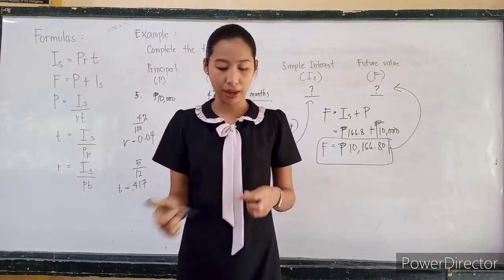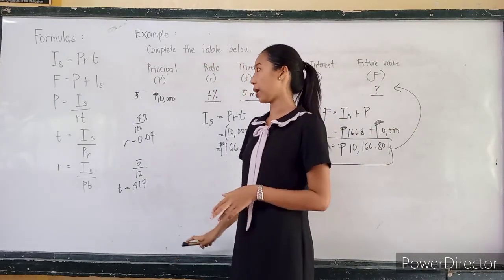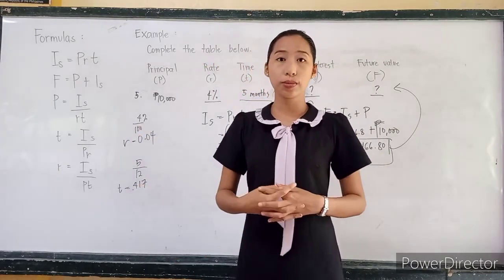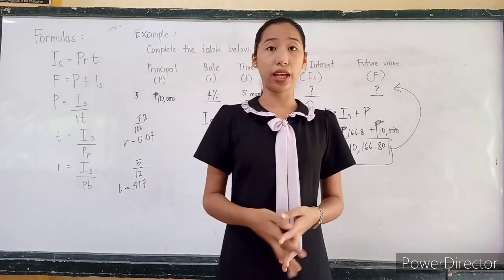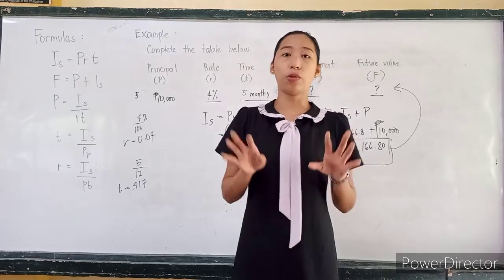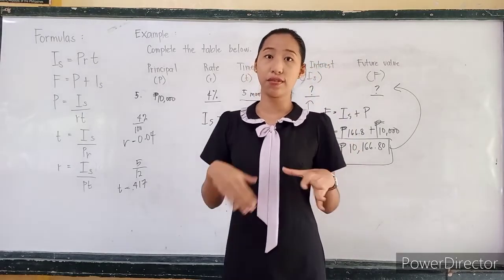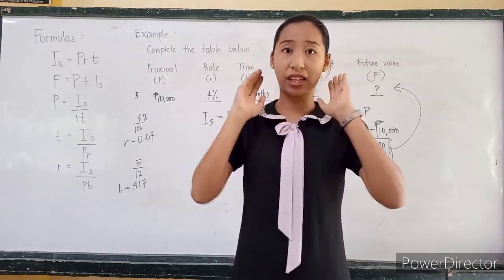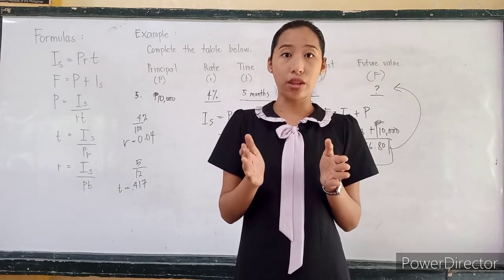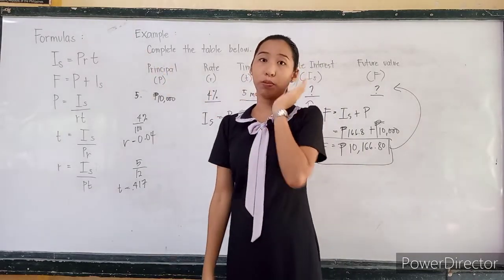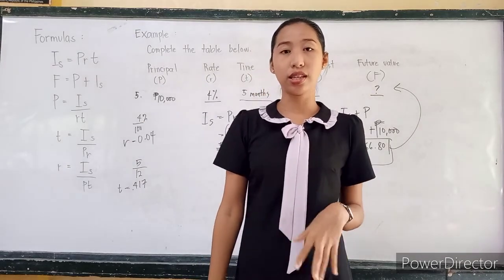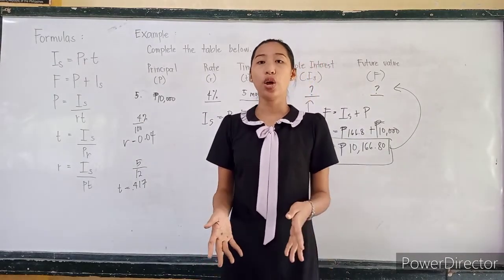So, that is the use of the formulas once we are facing problems like this one, where we complete the table. In completing the table, it is easy because the values are given directly, your values for your variables, your P, your R, your T, your IS, your F. They are given directly.